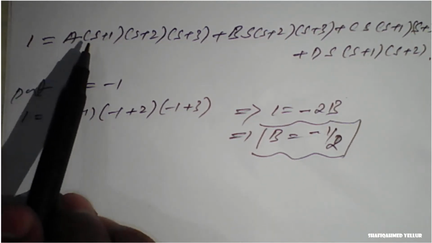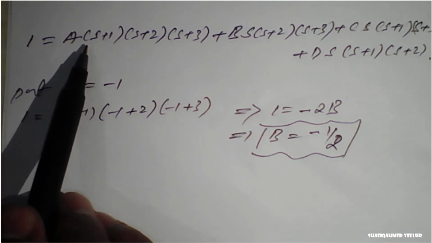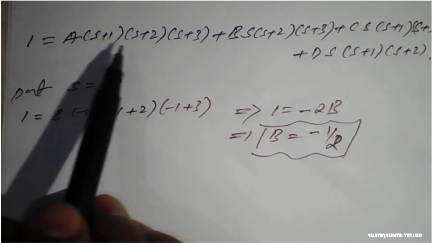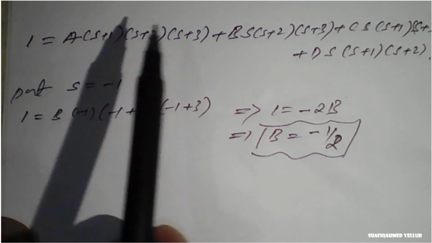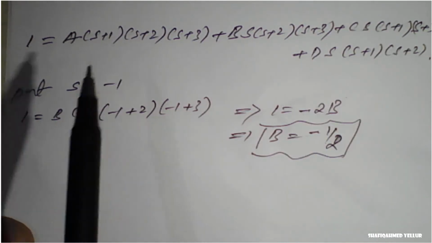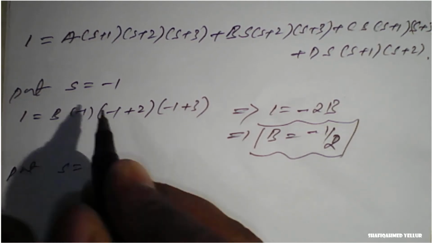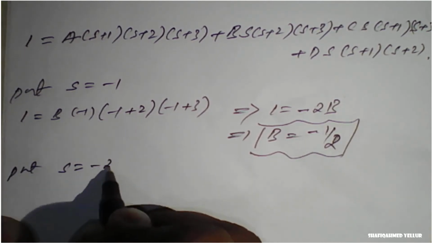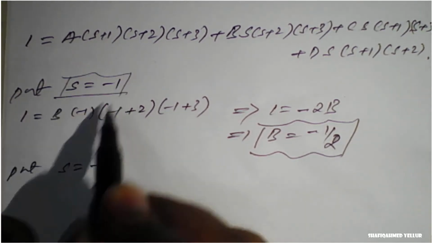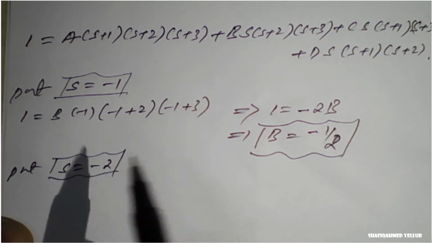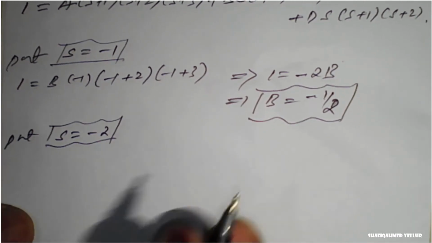Now we have made s is equal to minus 1, so a is vanished, c is vanished, and d. Now we'll put s is equal to minus 2. First we have taken s is equal to minus 1, now we'll take s is equal to minus 2, we'll see what happens.